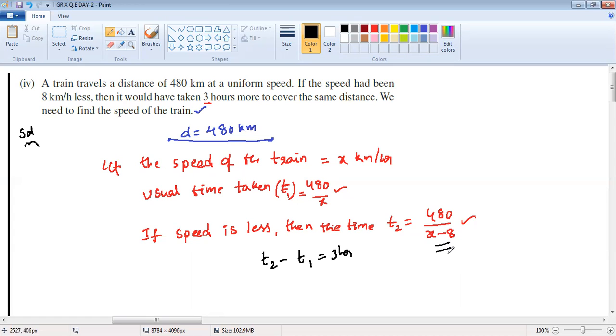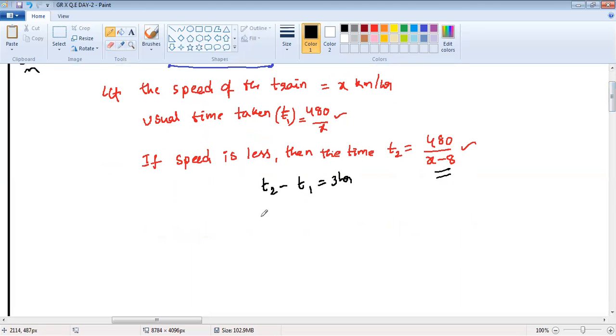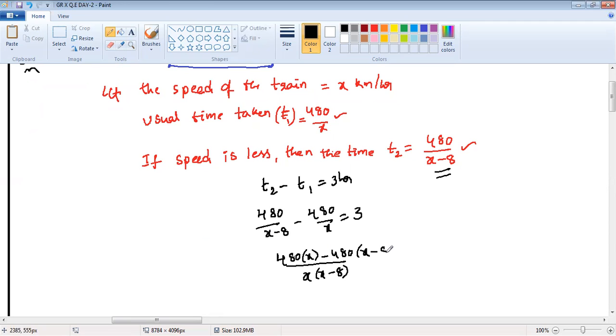Speed is going to come down, so that is the reason it takes more time. So T2 is more. Then what can you write? 480 by x minus 8 minus 480 by x is equal to 3 hours. Now we can do LCM, x into x minus 8, then 480 into x minus 480 into x minus 8, which is equal to 3.